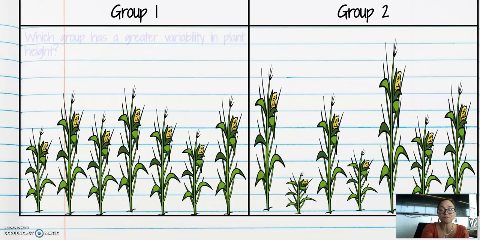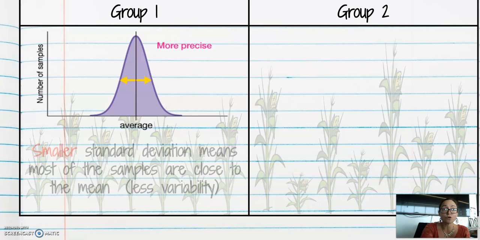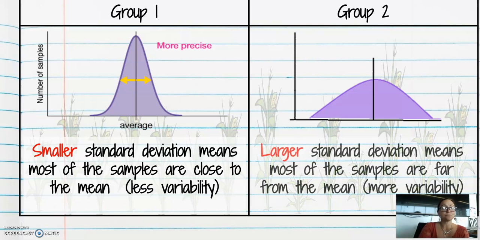So here we have two groups of corn. When I look at group 1 versus group 2, I can see that in group 1 there's less variation in the corn heights, whereas in group 2 there's more variation in the corn heights. If I found the average for each of those and wanted to calculate the standard deviation, you would see in group 1 a smaller standard deviation because the corn are all very close together.